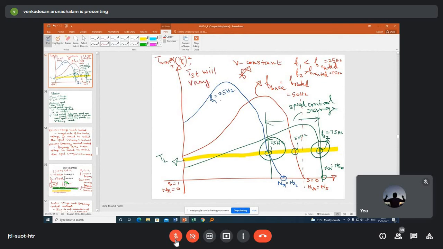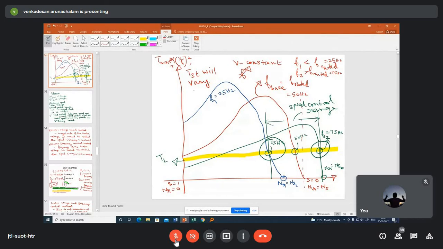When you decrease the frequency, the starting torque TST, maybe I can write it as proportional to... I don't have the relationship for that, because the derivation is very complex.